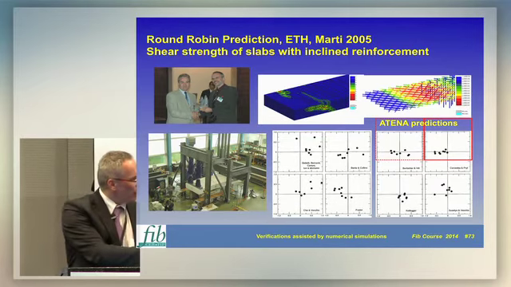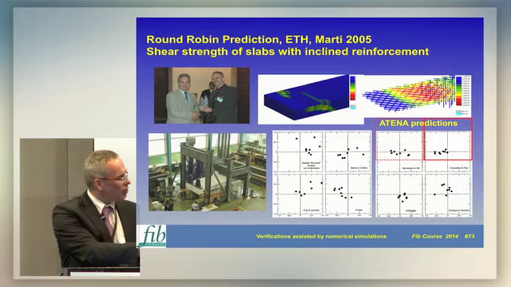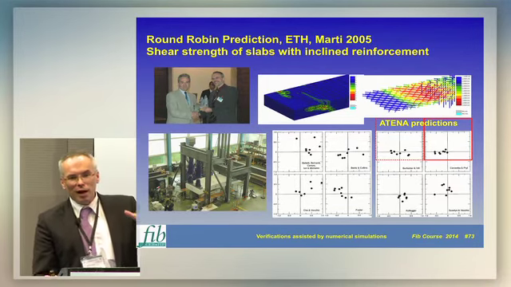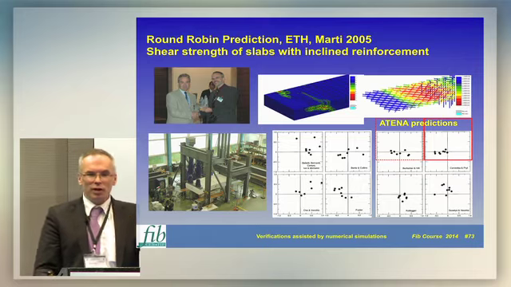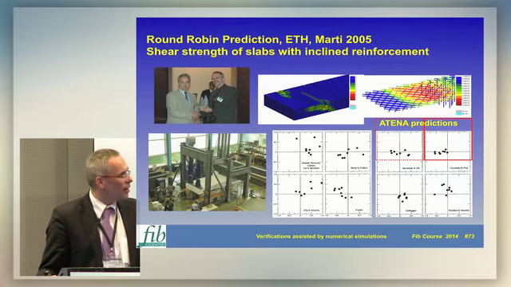Actually, the winner of this competition was Professor Kollegger. These are his predictions. He was announced the winner mainly because, from an engineering point of view, his predictions slightly underestimate the strength and overestimate the deflections, which is a good prediction.